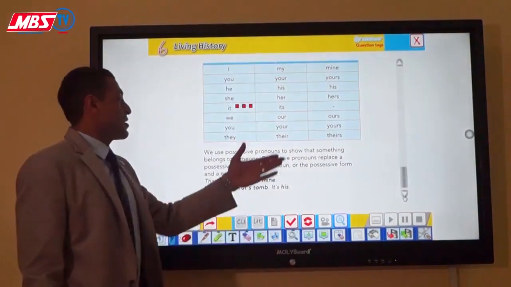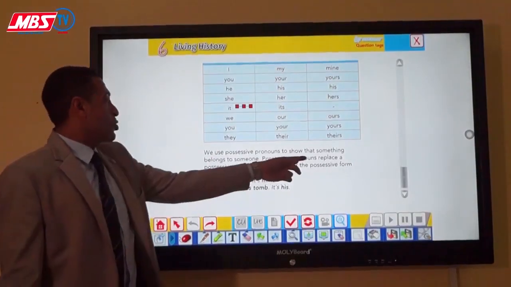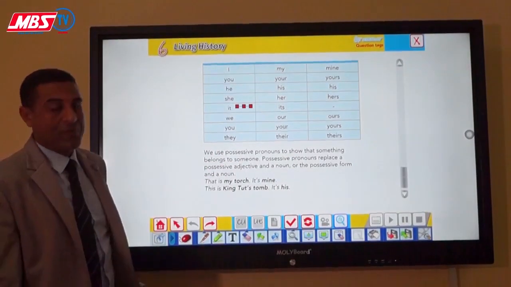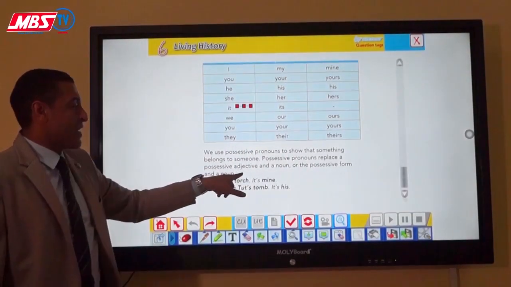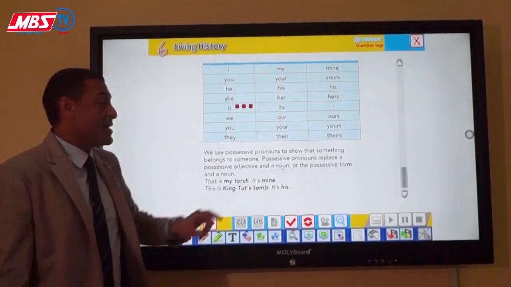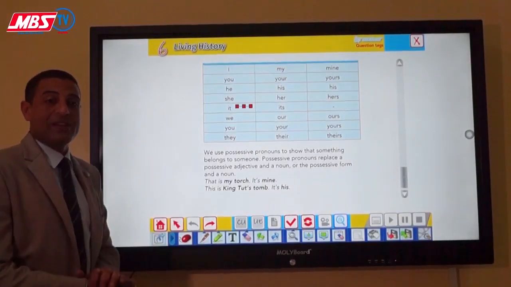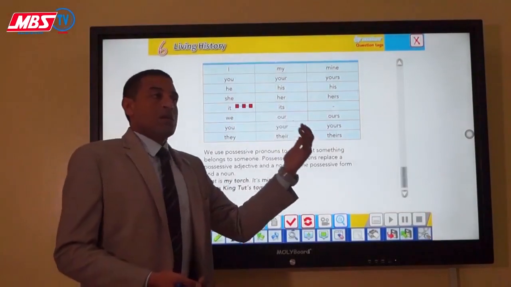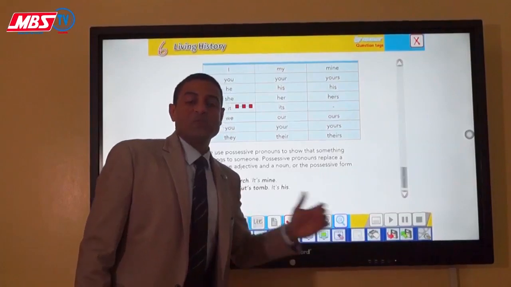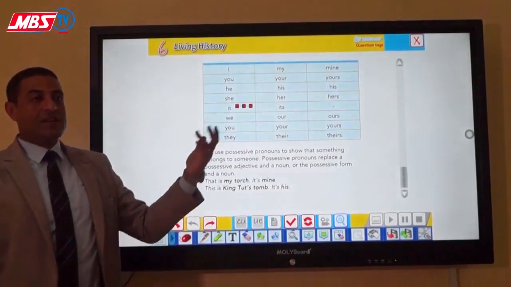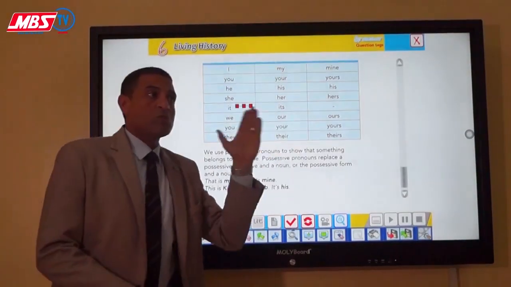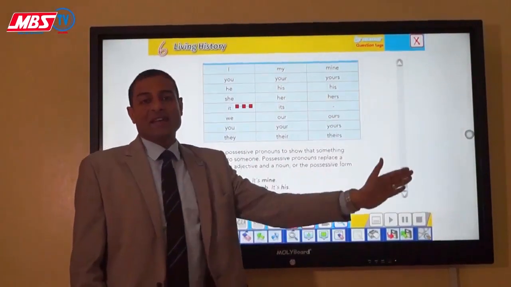That was about the possessive, as I told you, to show that something belongs to someone. Okay, so possessive pronouns replace possessive adjectives or a noun that ends with S. For example, it's Philip's coat. This coat is his because Philip is a boy. It's his coat, so this coat is his.